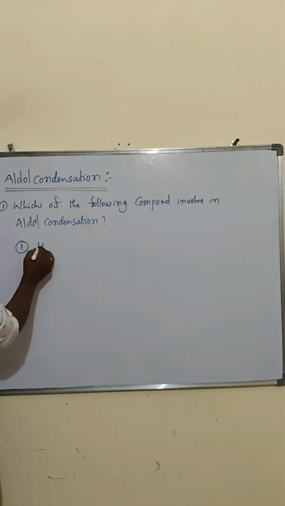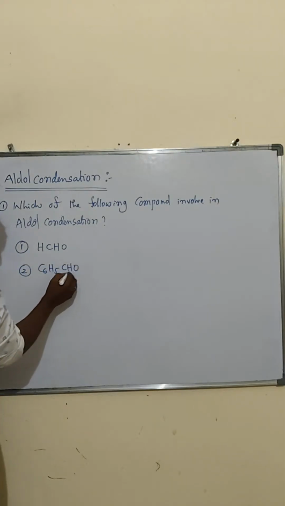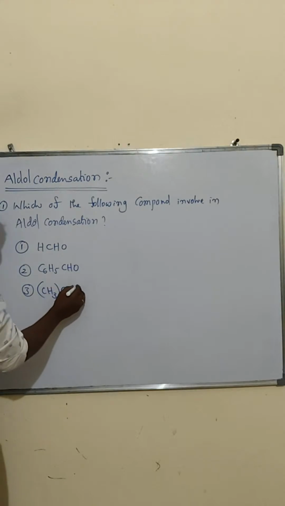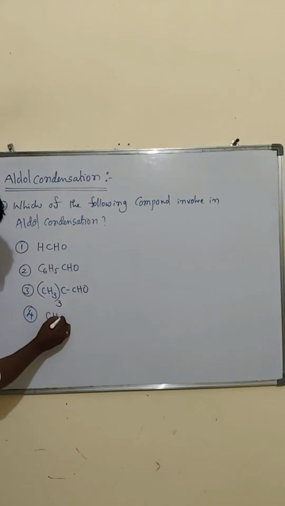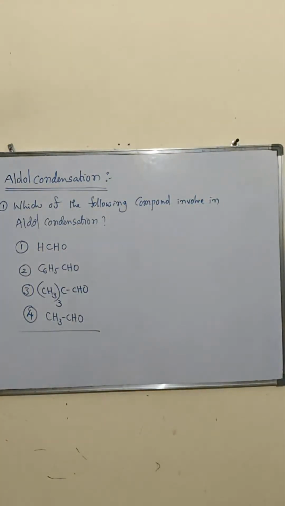Number 1, HCHO. Number 2, C6H5CHO. Number 3, (CH3)3CCHO, that is CH3 taken thrice on C, then CHO. Then 4, CH3CHO. So in these 4 options, which of the following compounds is involved in the aldol condensation? I told.